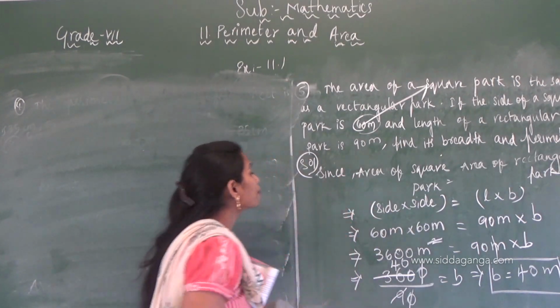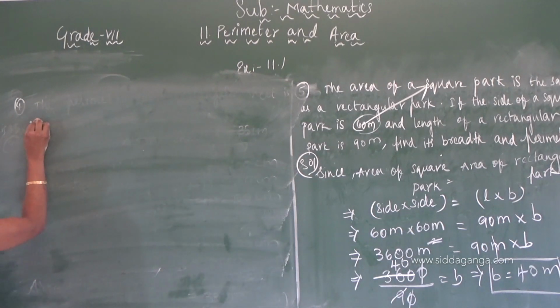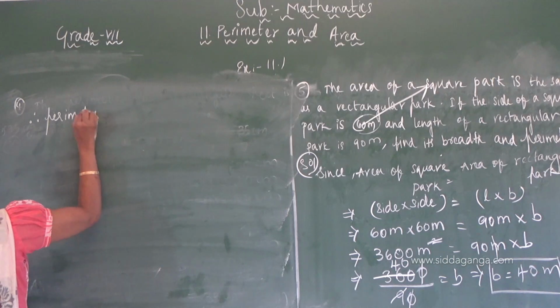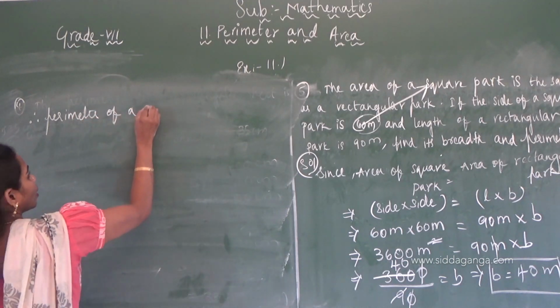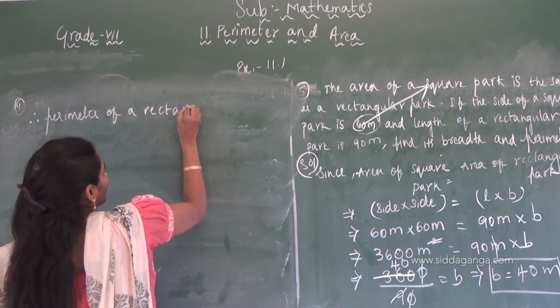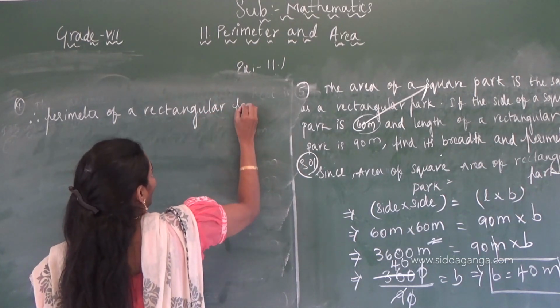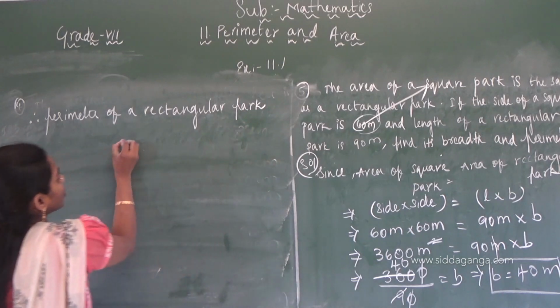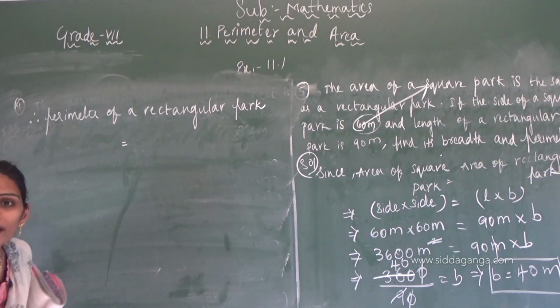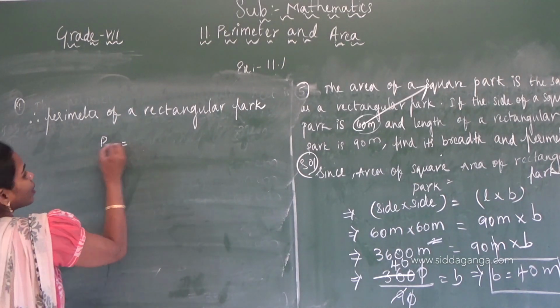Therefore, the perimeter of a rectangular park. What is the formula to find the perimeter of a rectangular park?